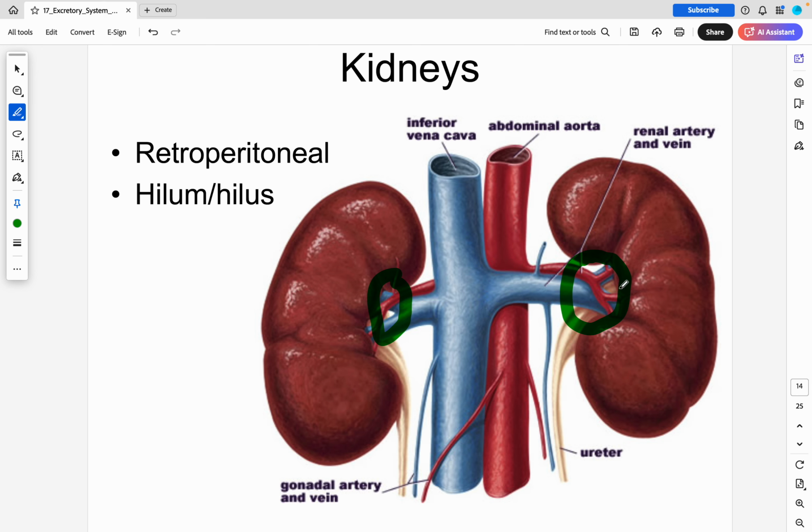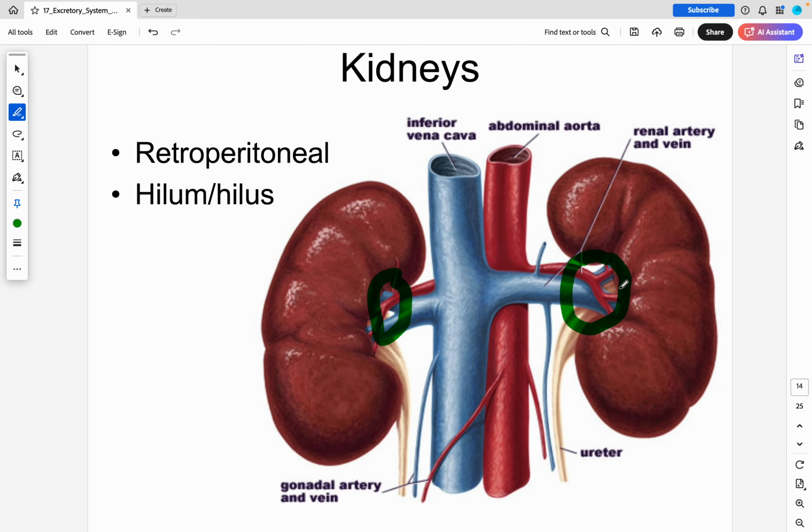The primary function of the kidney is to regulate the parameters of the human blood: the pH, the pressure, its solute concentration, and ionic composition.